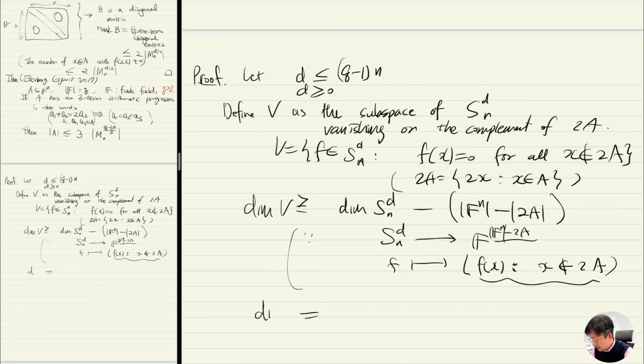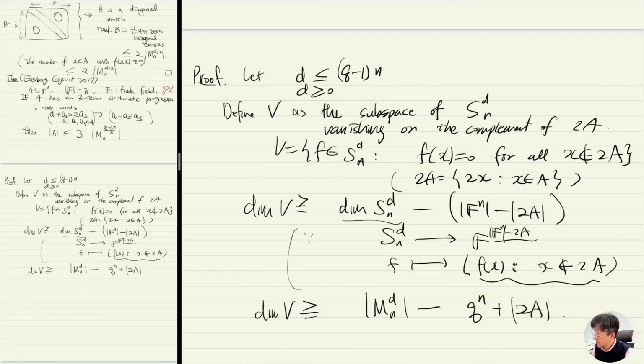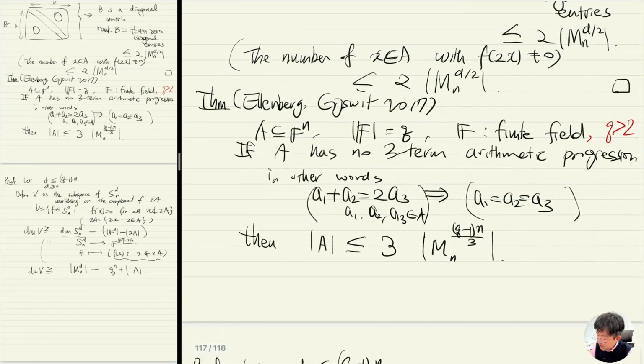So the dimension of V is at least m_d minus q to the n plus 2A. Right, but the size of 2A is the same as A. Let's assume that q is bigger than 2.